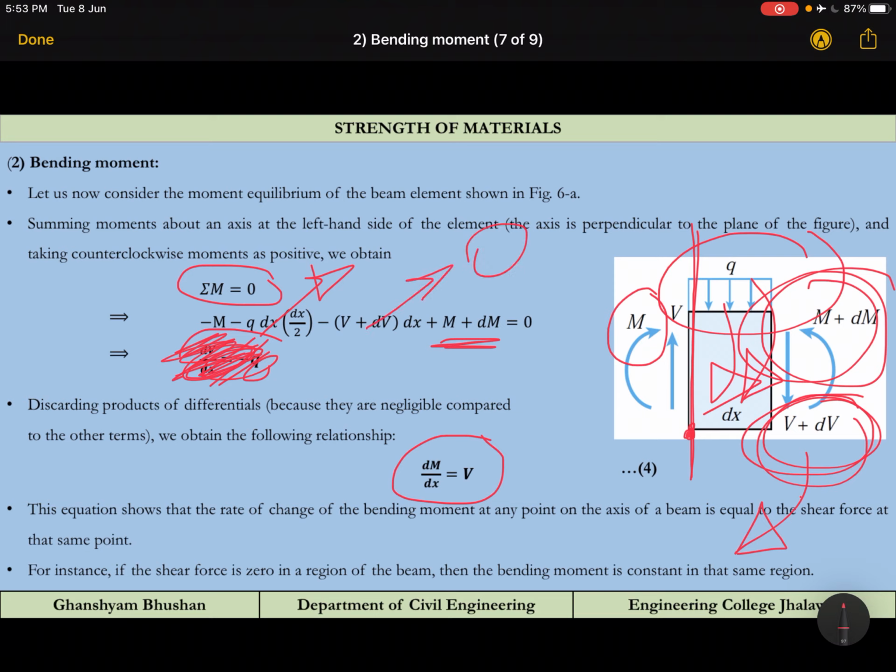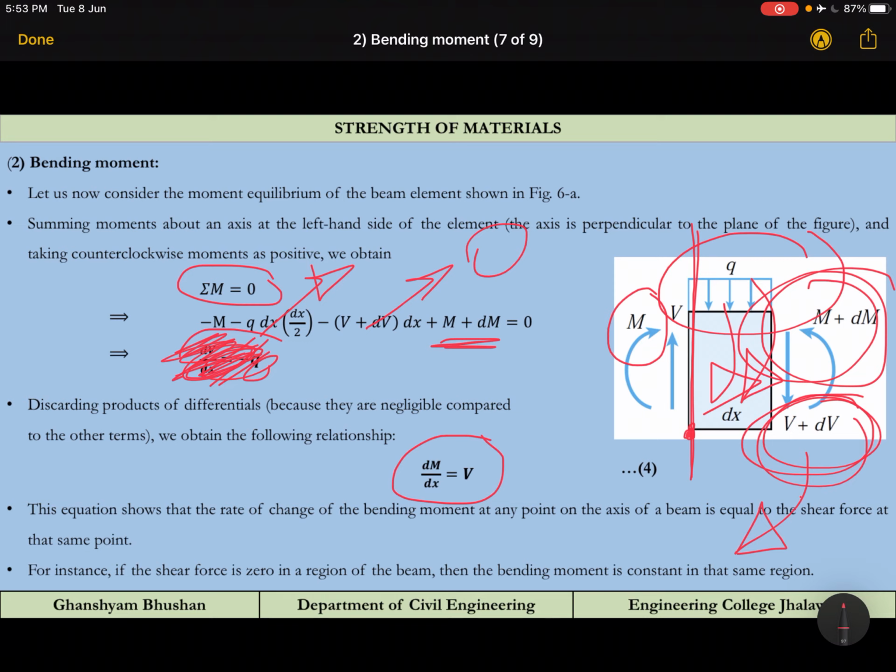After neglecting all the multiplications of smaller quantities, you will be getting dM by dx as V. That means the rate of change of bending moment is given by the shear force in that particular section. The rate of change of bending moment at any point on the axis of a beam is equal to the shear force at that same point.